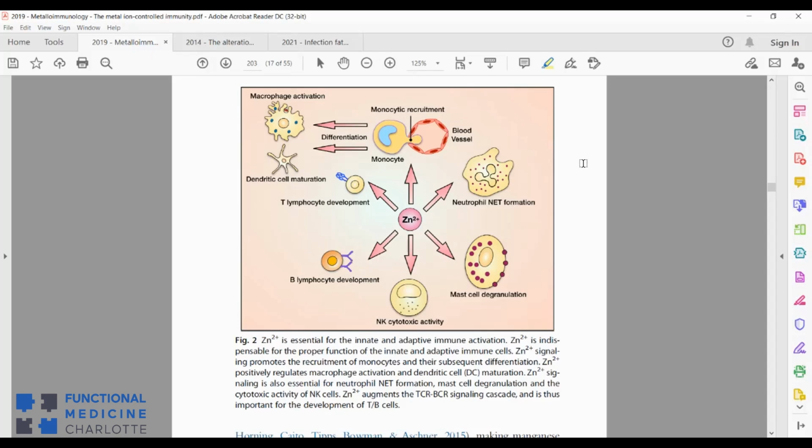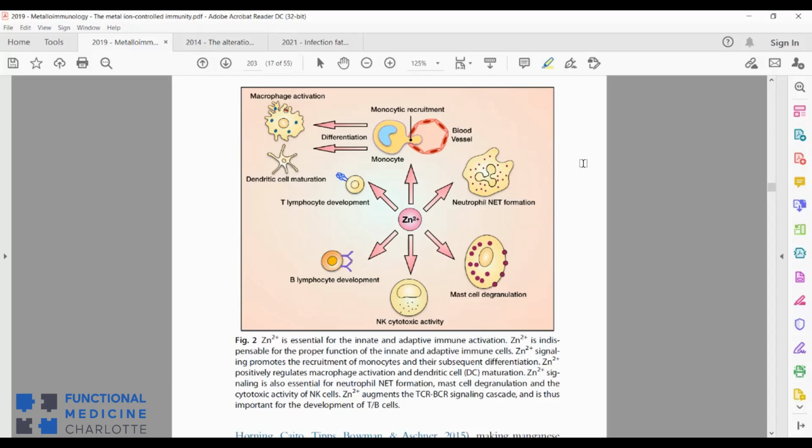So the innate system, local police, hold down the fort while we wait for the more highly trained fighters to clone out and arrive on the scene. Zinc plays a role in both the innate and the adaptive immune system. And you can see here, it even says zinc is indispensable for the proper function of the innate and adaptive immune system.